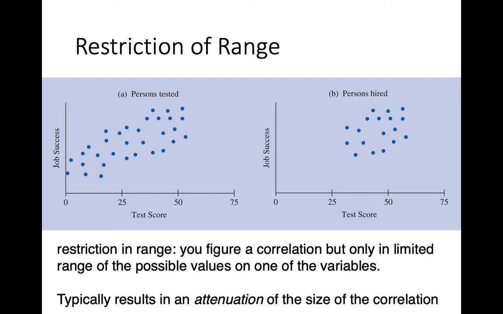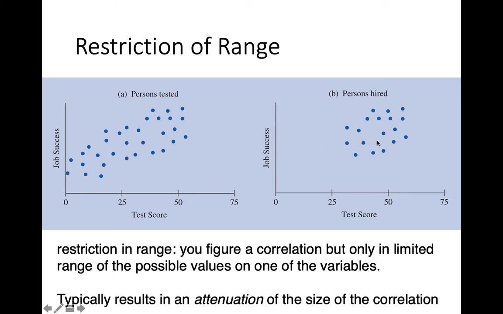And what you would see really is that if a company was able to hire every single person that took the test and then get a measure of their job success, there'd be a positive correlation such that people that didn't do very good on the test weren't very good on the job, and that people that scored higher on the test were much better on the job.